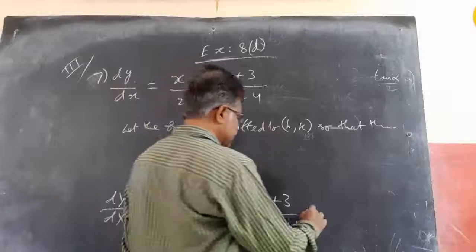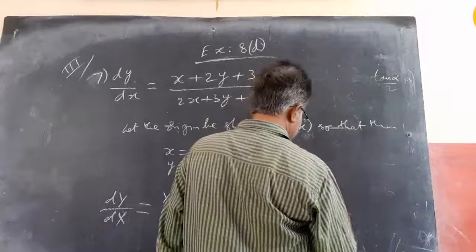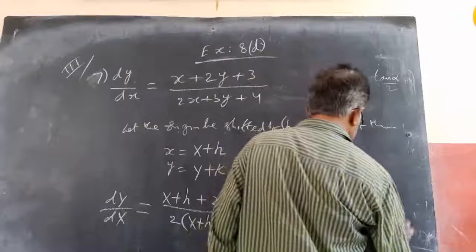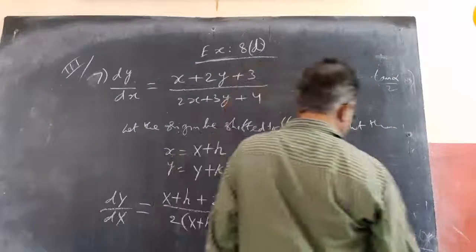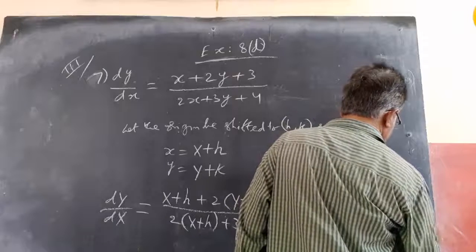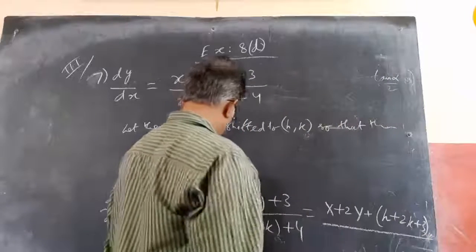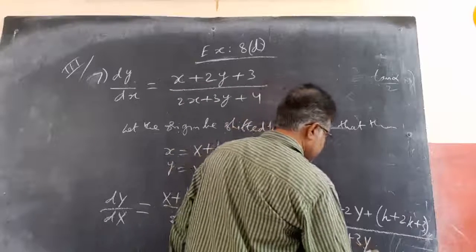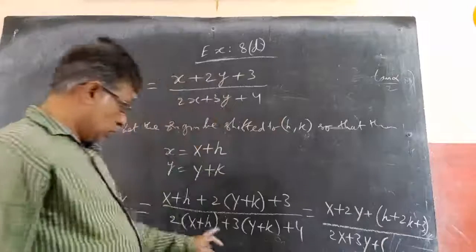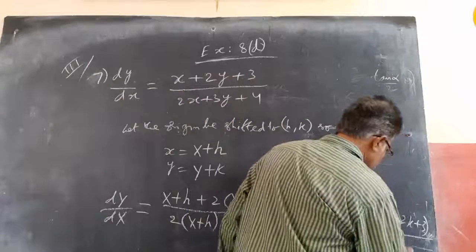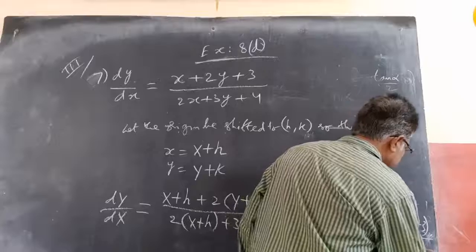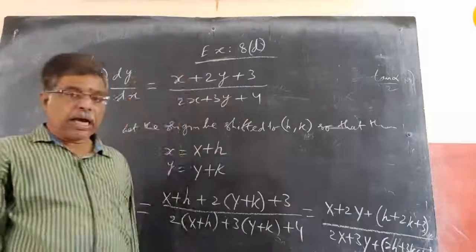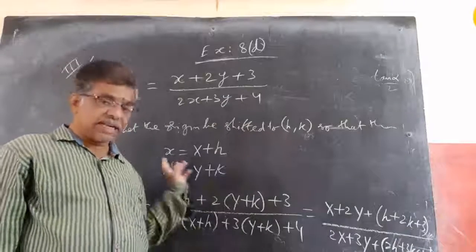Now if I simplify this equation, this becomes X plus 2Y plus h plus 2k plus 3, by 2X plus 3Y plus 2h plus 3k plus 4. Now we are shifting the origin so that it is converted into homogeneous.